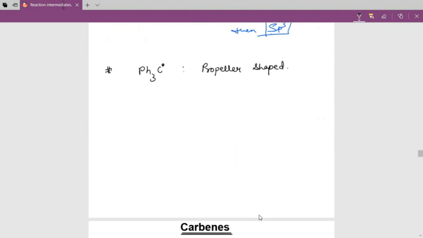Broadly, I can say the factors affecting the stability of free radicals are the same as for carbocations, but that certainly is not always true.